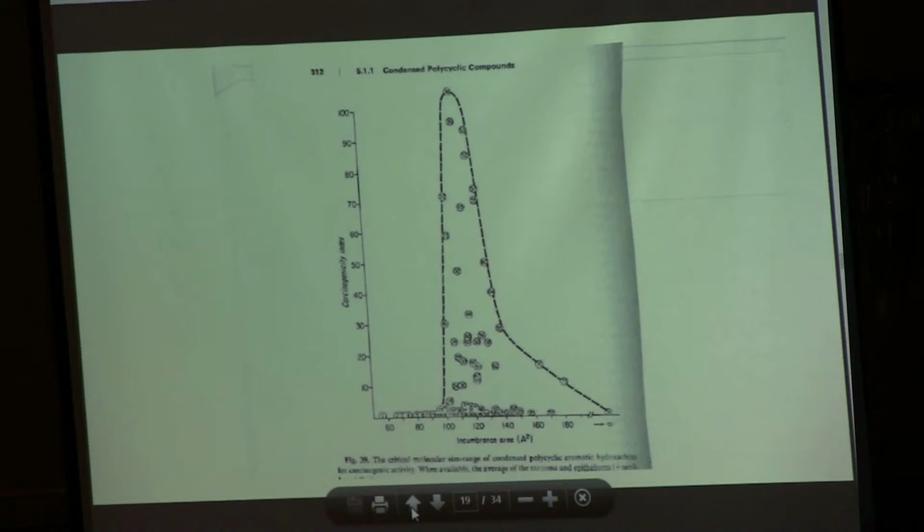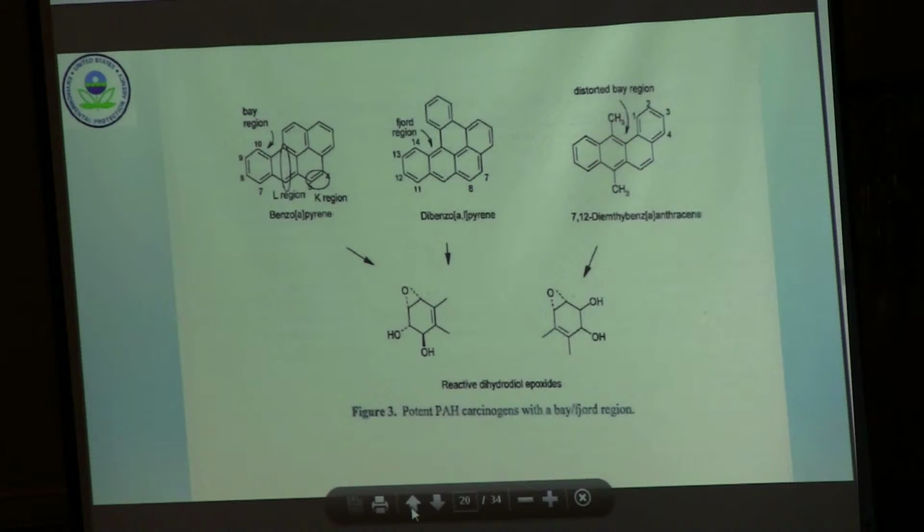And it has been shown that for all the potent carcinogenic PAHs, the incumbent area is between 100 and about 150 angstrom squared, and smaller than 100 or larger than 150, they are not carcinogenic. And the reason some angular structures are carcinogenic is that they have something called a bay region or a fjord region.